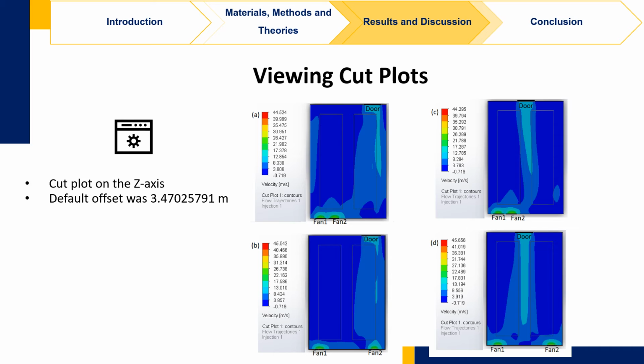As you can see from the pictures, the velocity contours on the z-axis are shown for various positions of the door and two exhaust fans.